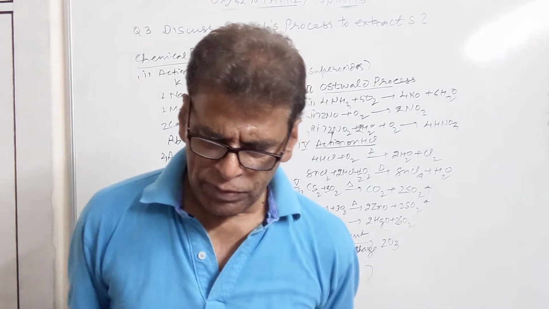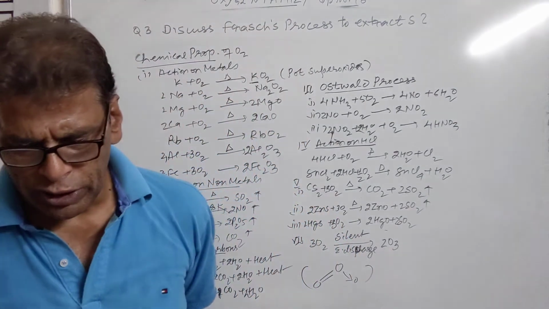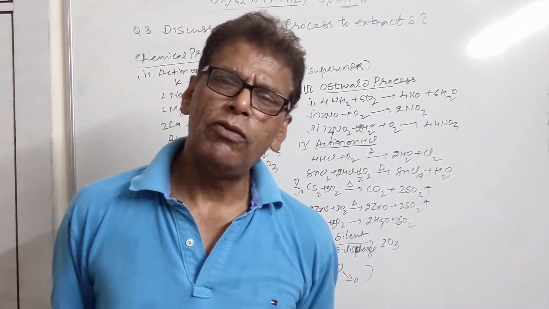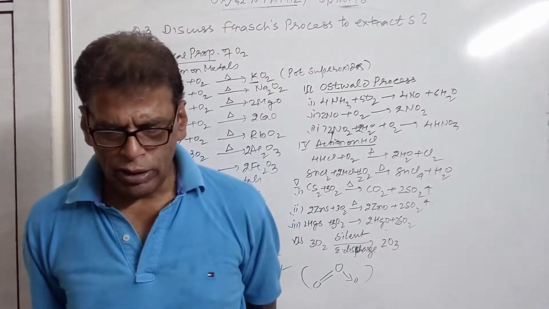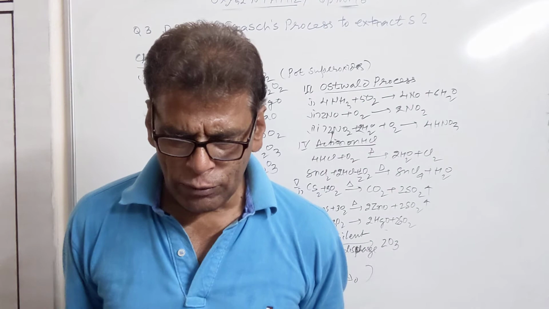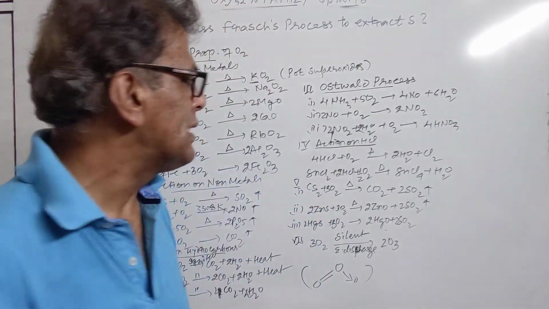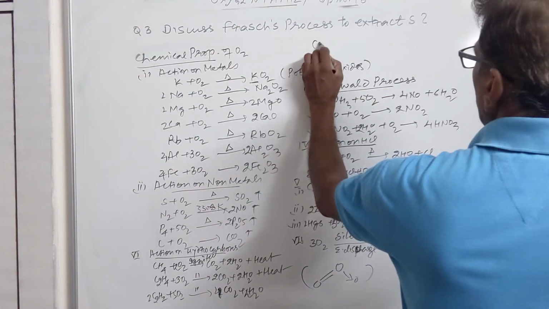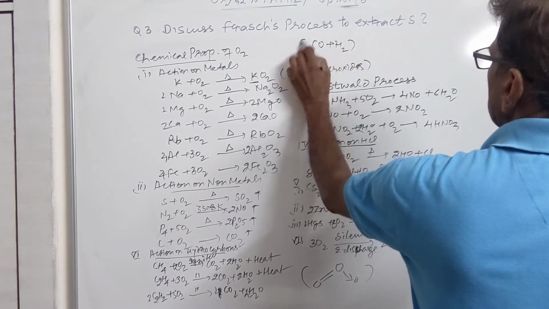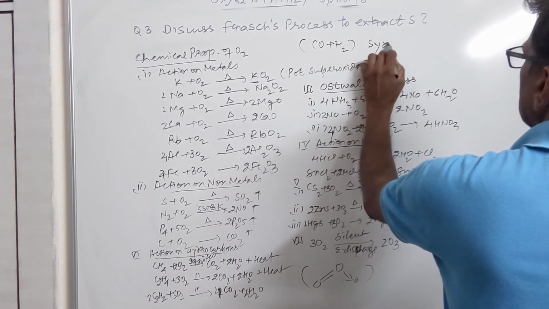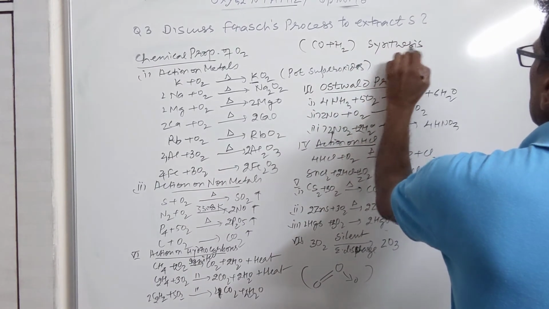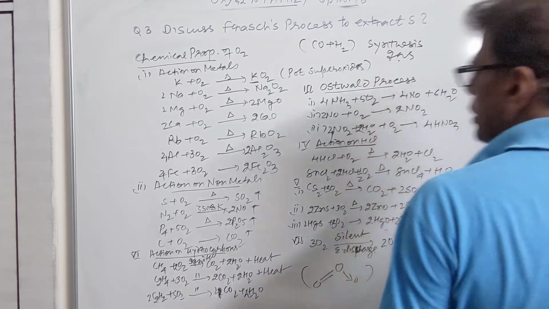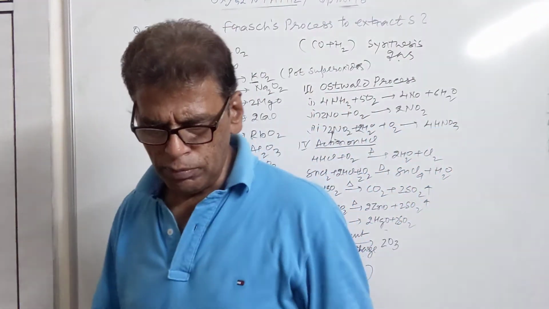Liquid oxygen is used in rocket fuels, in the preparation of organic and a number of inorganic compounds. It is also used in the preparation of synthesis gas, that is CO plus H2. This mixture is called synthesis gas. It is used in the synthesis of organic compounds.